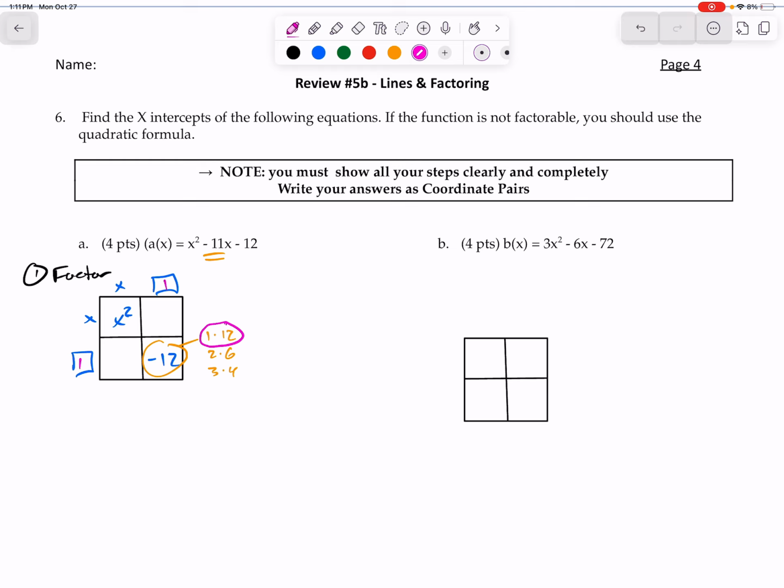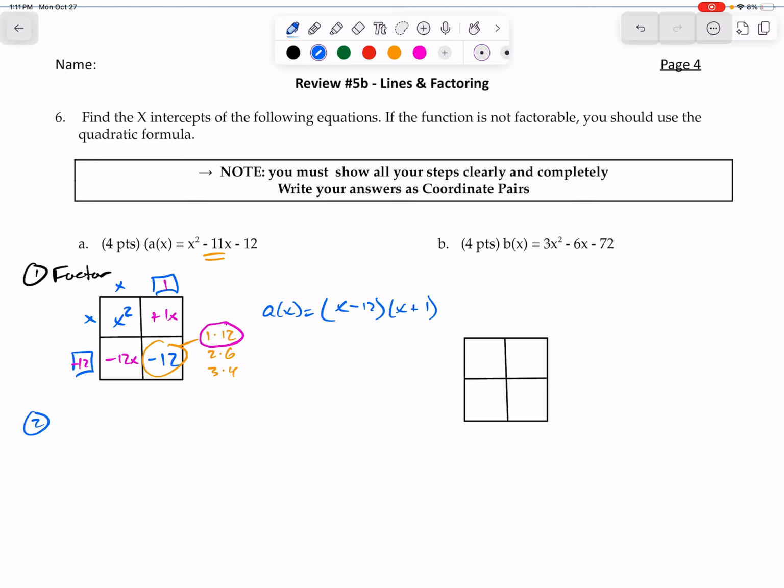So 1 and 12, but since it has to be negative 11, it's going to be negative 12. So I'll get negative 12x, positive 1x, and that works. So now I know that a of x equals x minus 12, x plus 1.